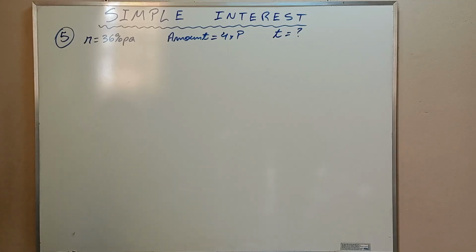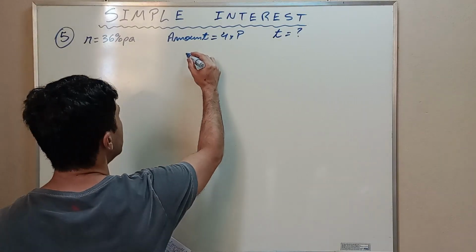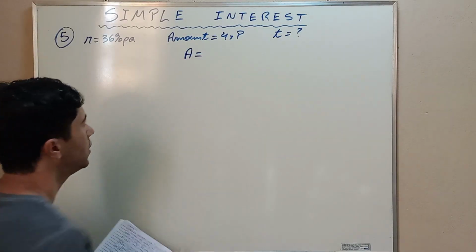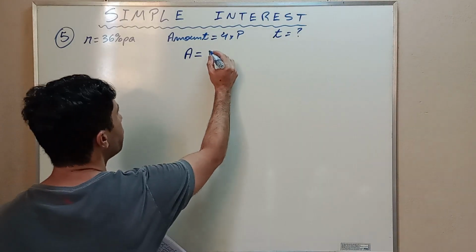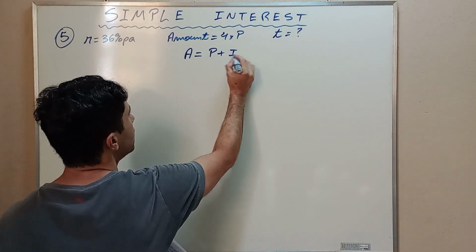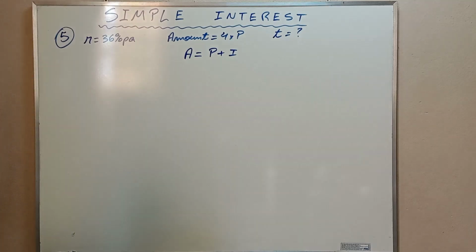And to find the minimum period of time required for the investment to grow to 4 times its initial value, you use the simple interest formula. And we know that the total amount that we want to redeem is equal to the principal plus the interest, okay?